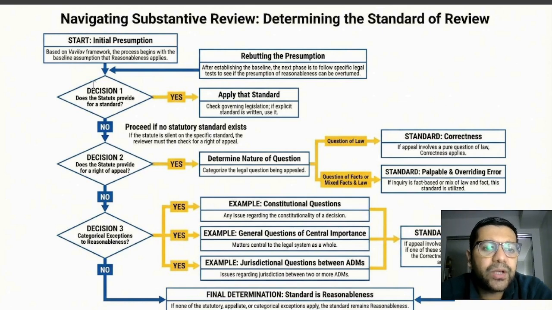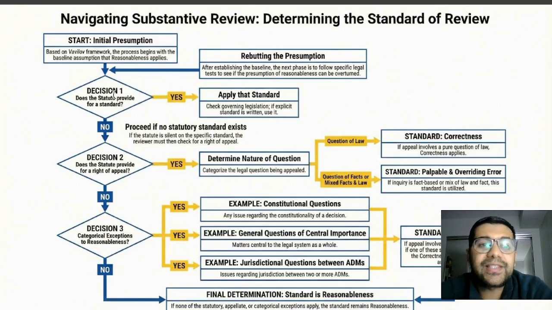Was it a reasonableness standard? Was it a correctness standard? If the statute says specifically in written words that the standard of review is going to be correctness, then there is no question further. If it says reasonableness, then there is no question further.